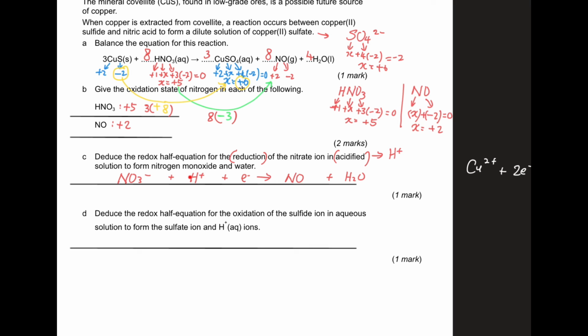So I temporarily put 2. If I put 2 here, then here 1, 2, here 3. Cannot balance the oxygen. So we need to use another number. We cannot use just 2. We have to use more.